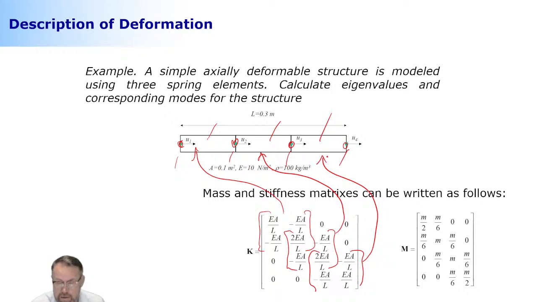You see that they are overlapping in these points. And this is the way you can combine the structure. Otherwise, they will be separated and have no relation whatsoever. Same you can do for a mass matrix.